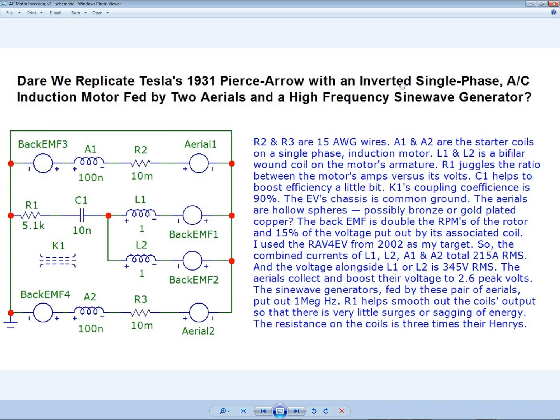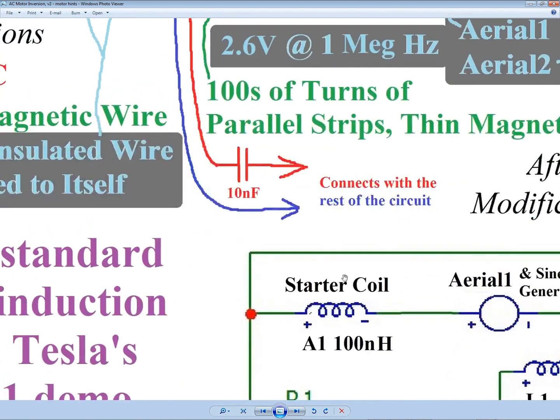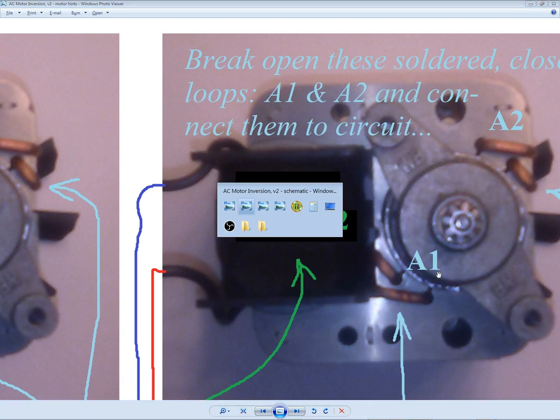And I say inverted for a reason, because we're not feeding voltage to the bobbin here. We're feeding it to the starter coils that were never intended to have voltage fed to them, but we feed them high frequency, low voltage, and they work just fine.